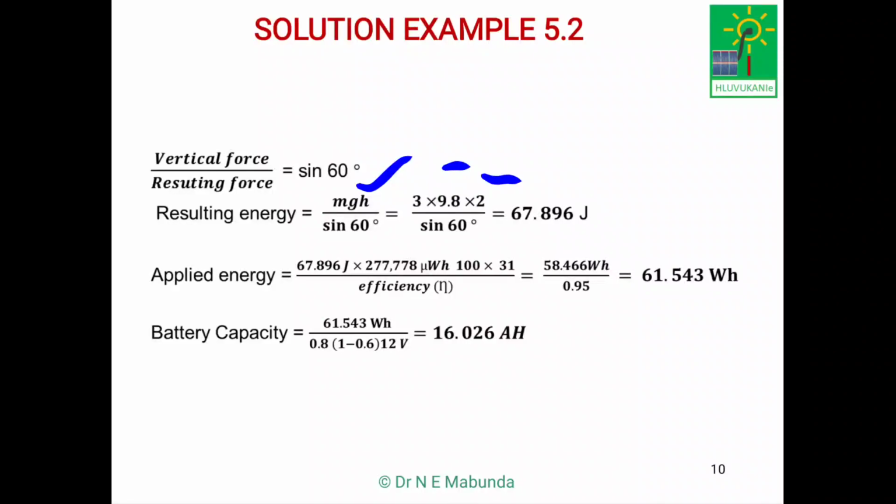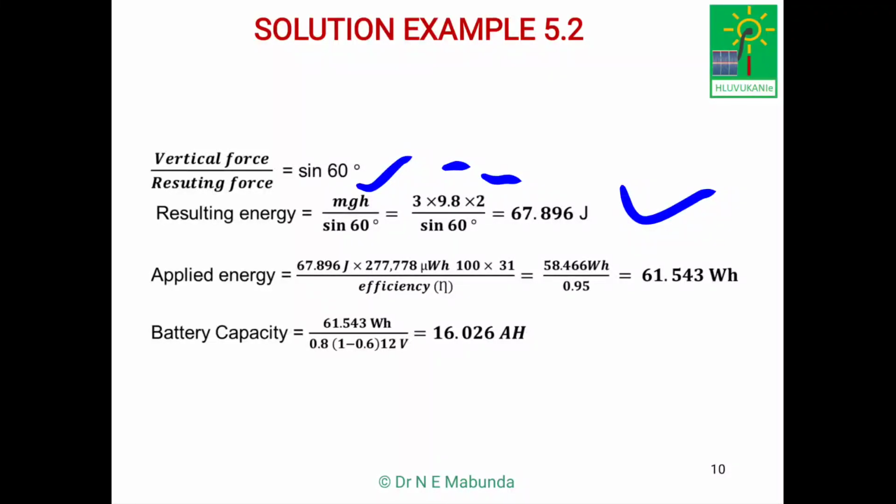Now that gives you 67,896 joules. But then we have to convert it into watt hours. We know that 1 joule is equal to 2,778 microwatt hour.